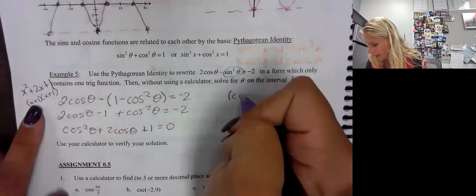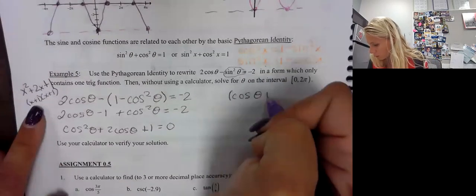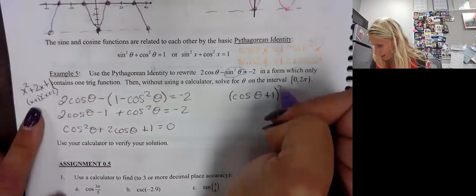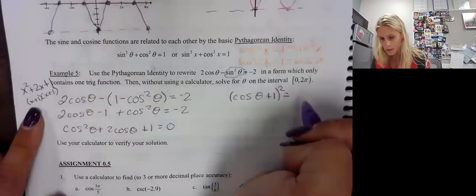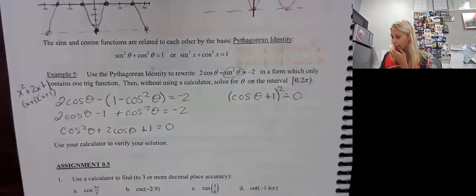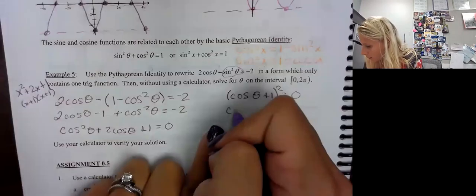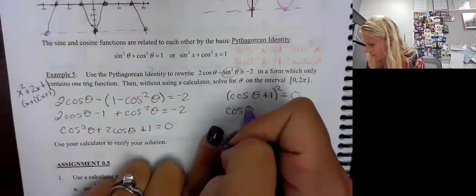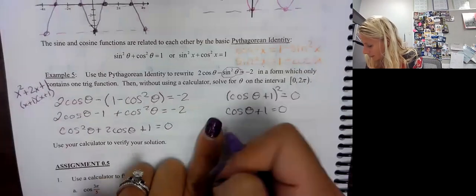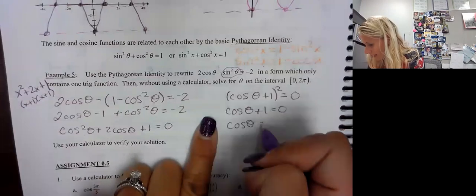So I have cosine theta plus 1 squared equals 0. And now we can start solving. How do you get rid of a square? Take the square root. We get cosine theta plus 1 equals 0. And then subtract: cosine theta equals negative 1.